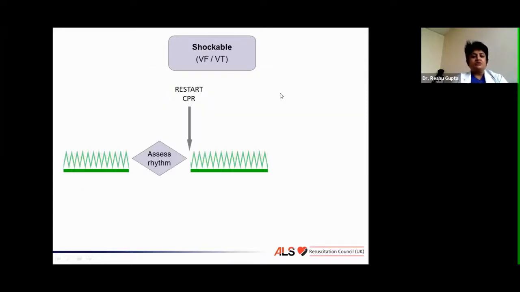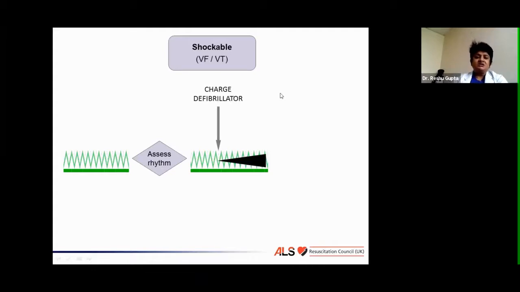Okay. So again, you give the CPR, you're giving the cardiac compressions, you assess the rhythm, and you see that those are shockable rhythms. Then you get your defibrillator ready while still continuing the CPR.